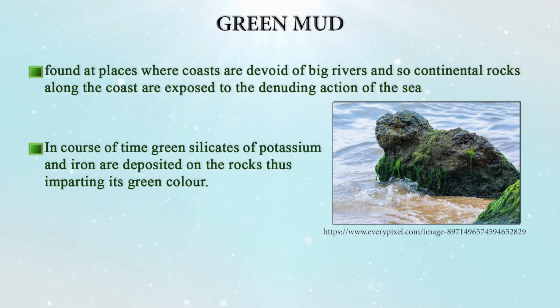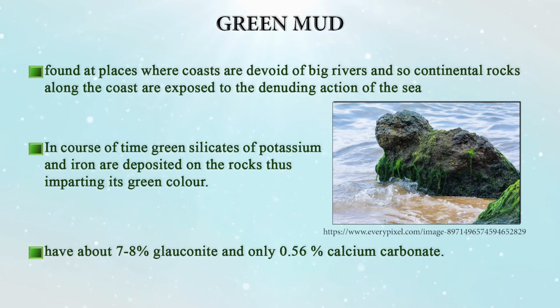In course of time, the green silicates of potassium and iron are deposited on the rocks, thus imparting the green color. And these have about 7 to 8% glauconite and only 0.5% calcium carbonate.